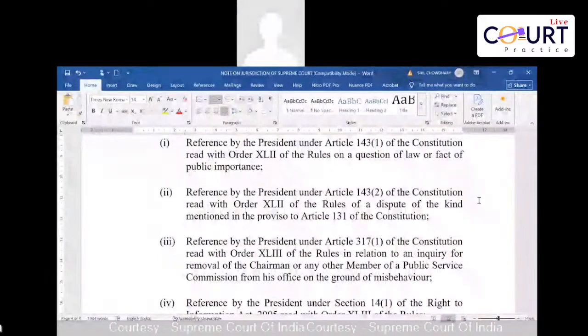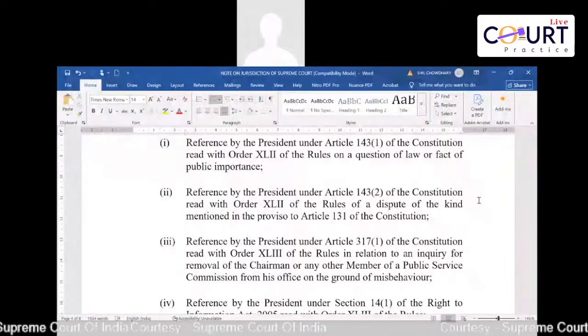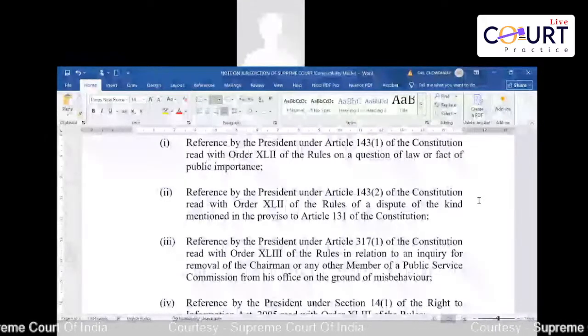Justice Pardiwala and Justice Madhavan, in a recent judgment, in exercise of power under Article 142, laid down certain guidelines, including a certain time frame for the Governor to pass bills pending before him. So in this context, the President of India has made a reference to the Supreme Court under Article 143.